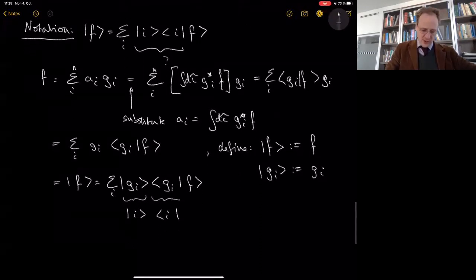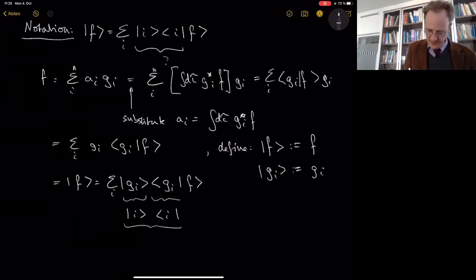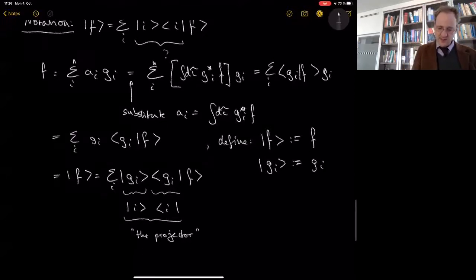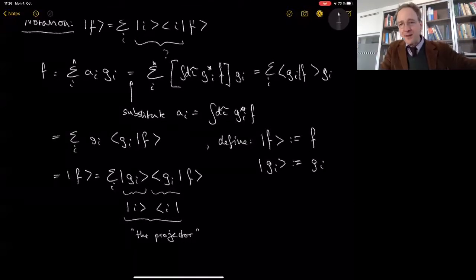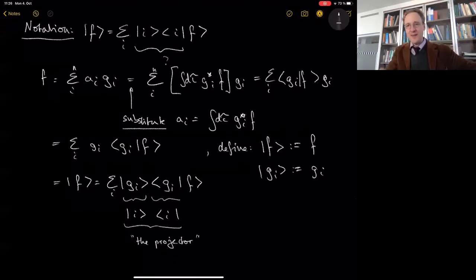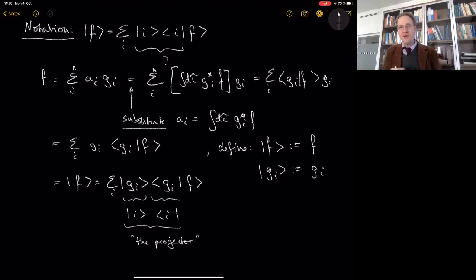So this is also known as the projector. So it's basically that you inserted, it's a substitution of this projection trick into your series expansion, right, to describe your coefficients. Okay.